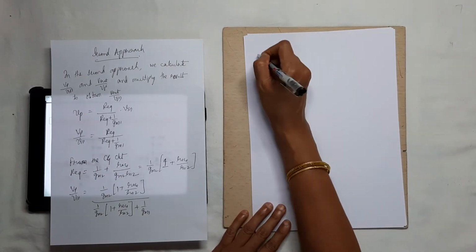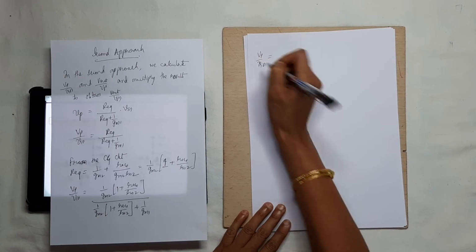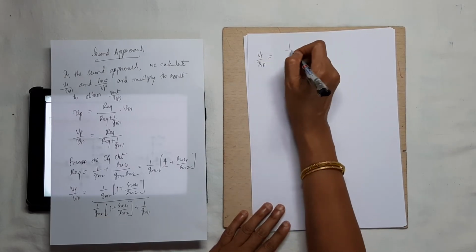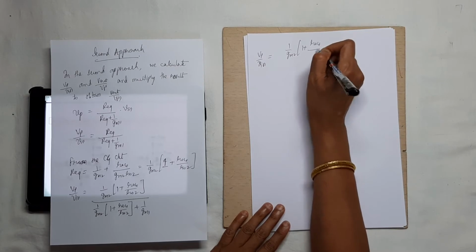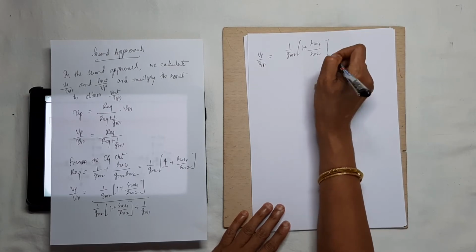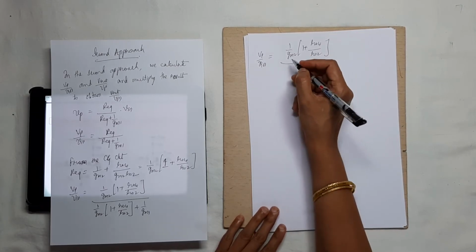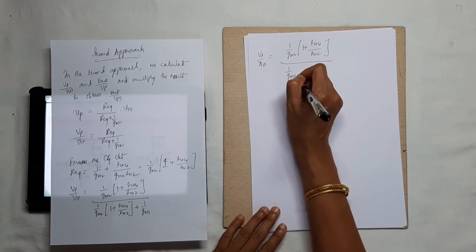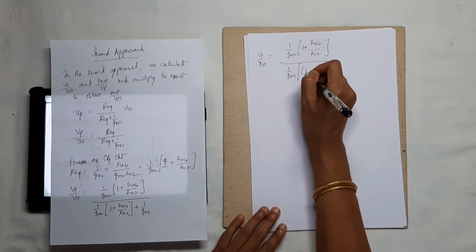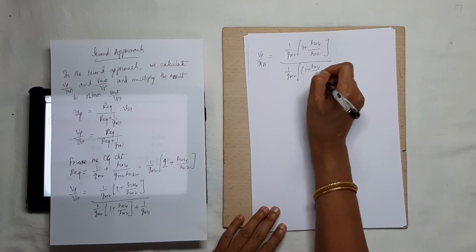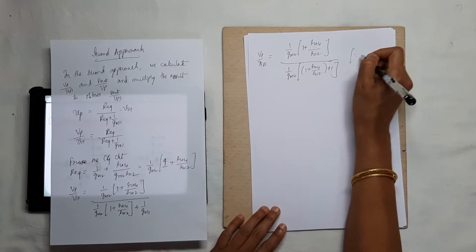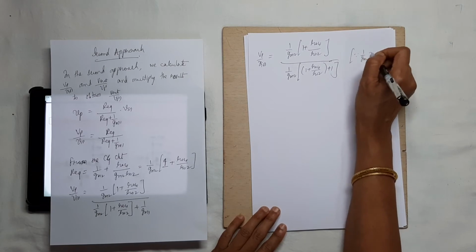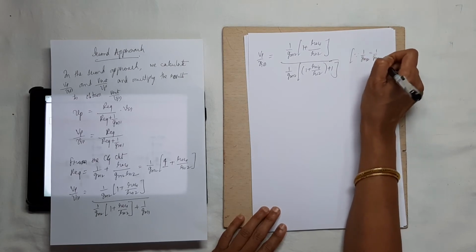So Vp by Vin is equal to 1 upon GM2 into 1 plus RO4 by RO2, divided by 1 upon GM2 into 1 plus RO4 by RO2 plus 1, because 1 upon GM2 is equal to 1 upon GM1.